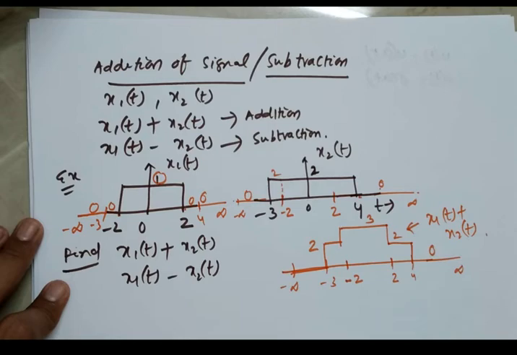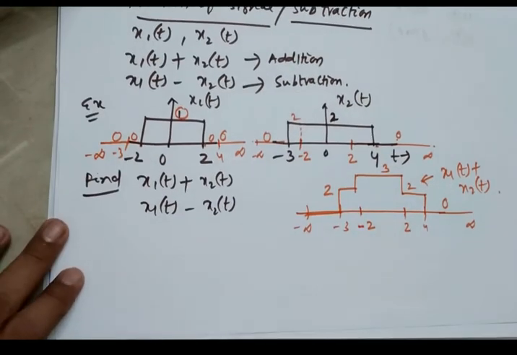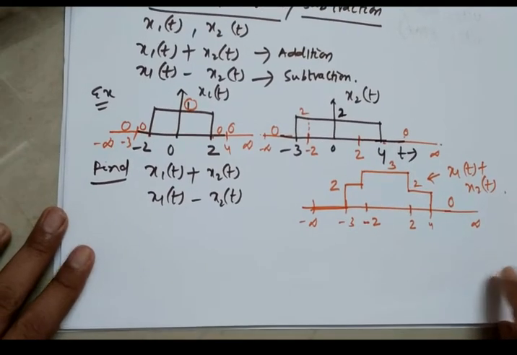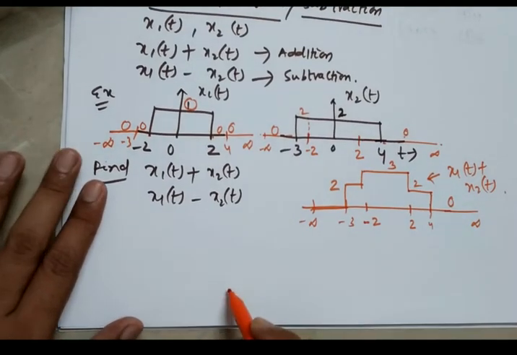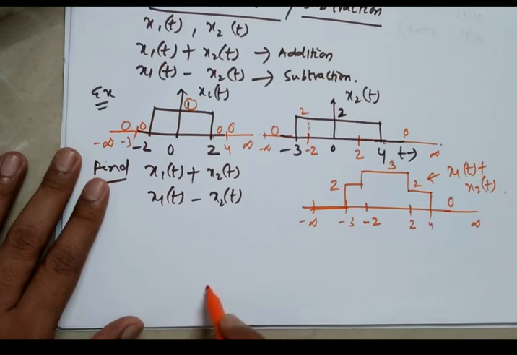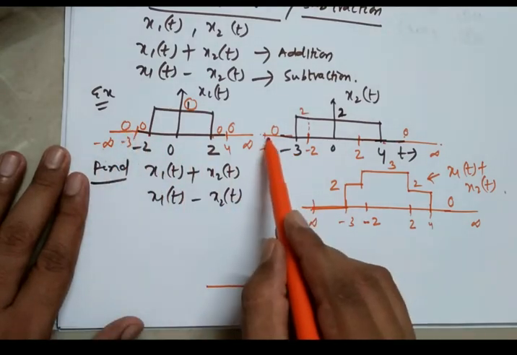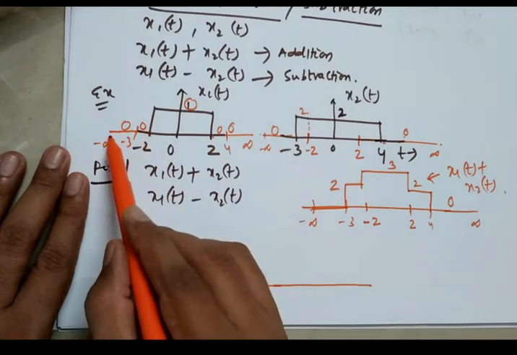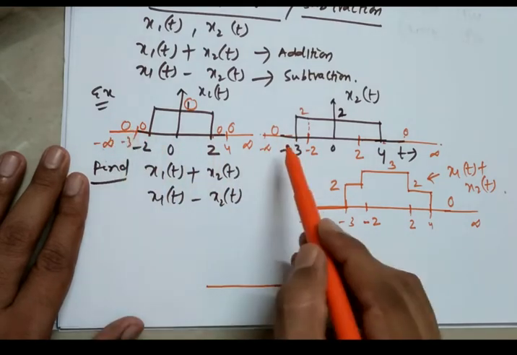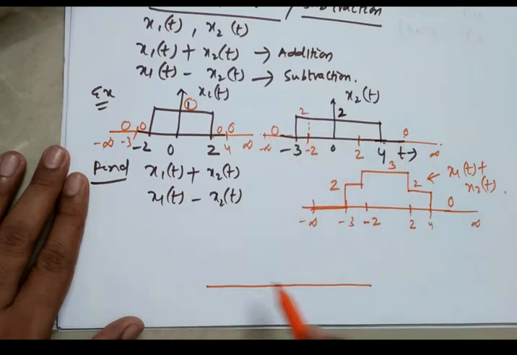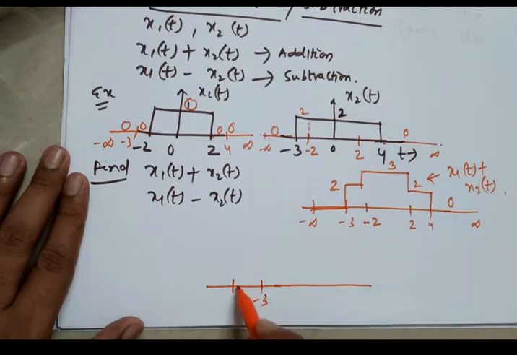Clear? Now similarly, how to find x1(t) minus x2(t)? Same process we will do. We take one axis like this. Now same thing, from minus infinity to minus 3 it is 0, so up to minus 3 no problem, it is 0, because 0 minus 0.